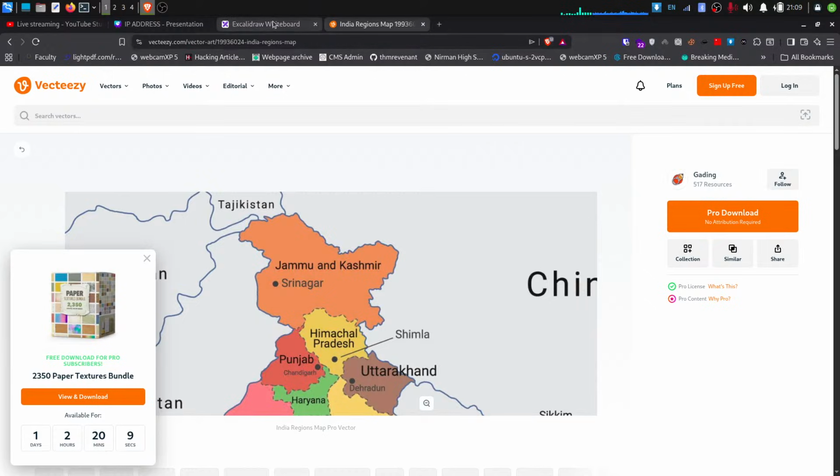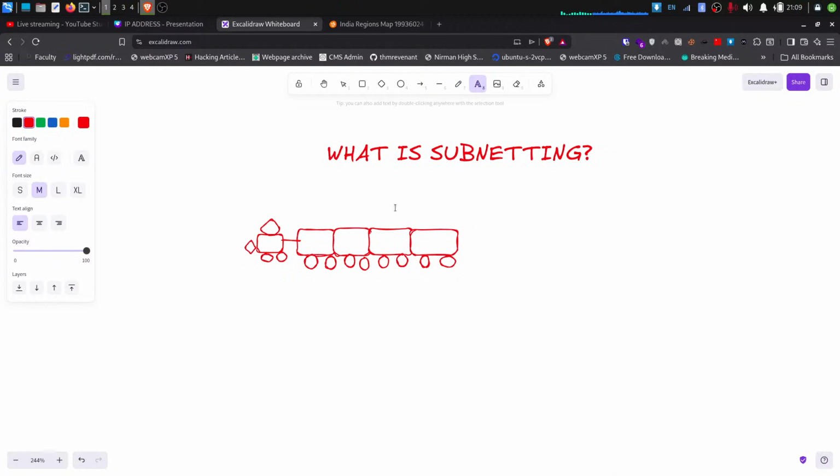So, for example, the first state is HP. You just understand the diagram, it got a bit messy, no problem.